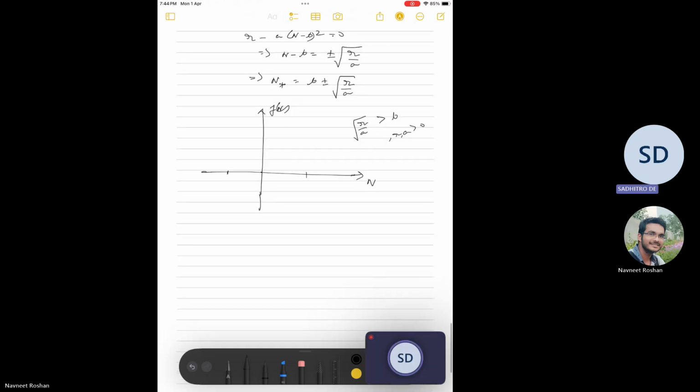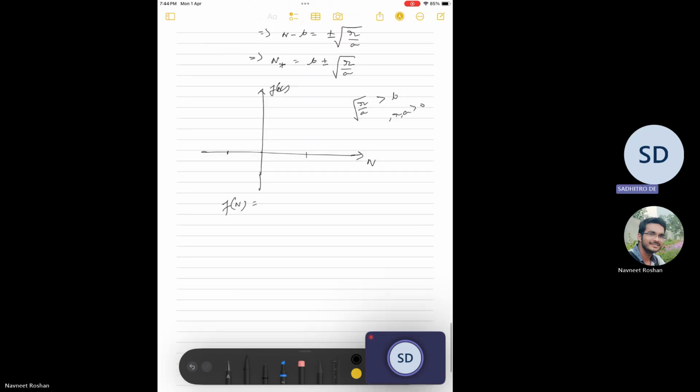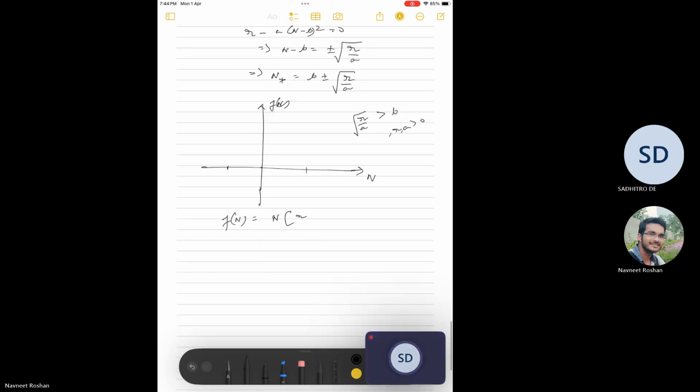And what will be the value of f of n at these points? f of n is basically given by n into r minus a into n minus b square.